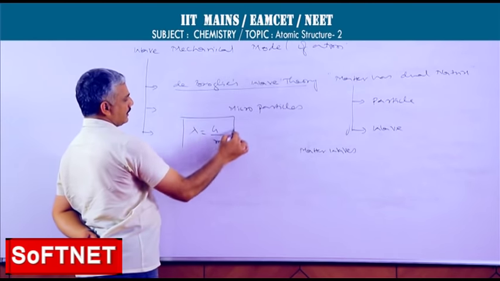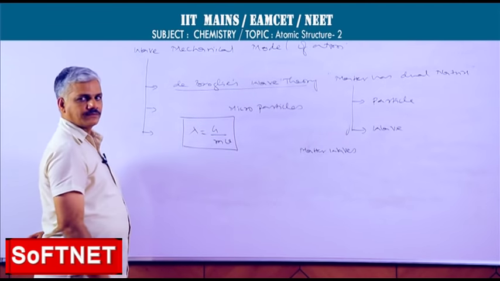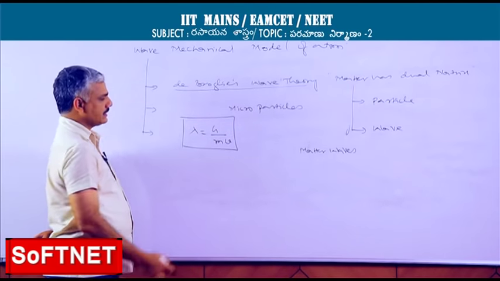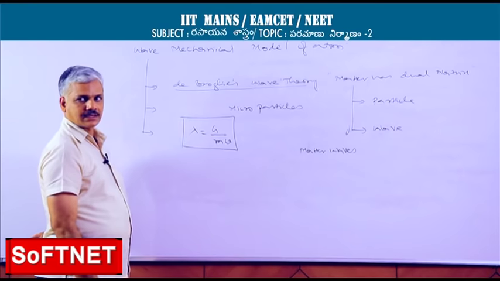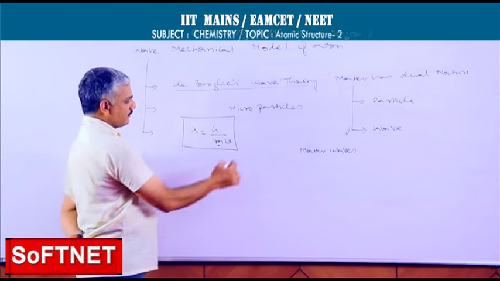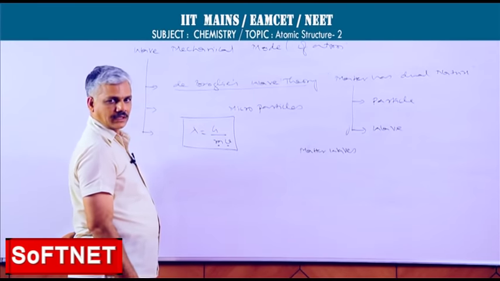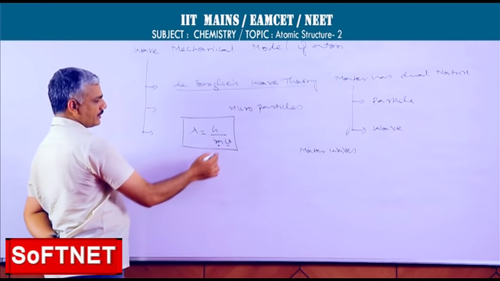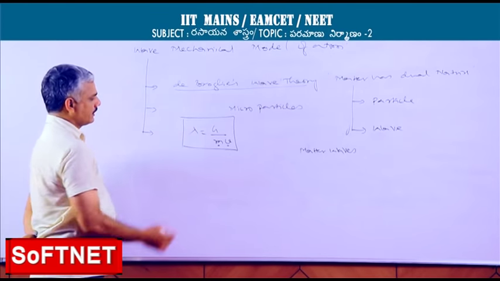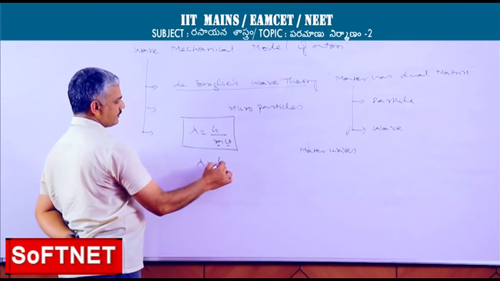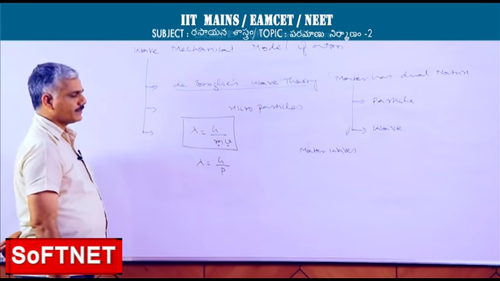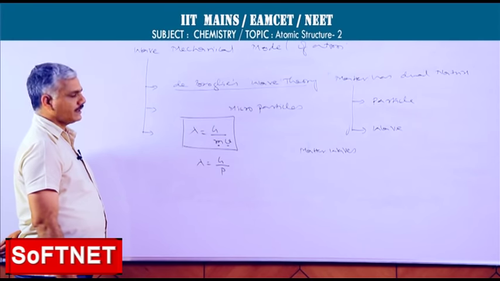Here, lambda stands for wavelength of the matter waves associated with the moving particles. h stands for Planck's constant. m stands for mass of the particle. v is the velocity of the particle. The product of mass and velocity can be taken as a momentum also. So this equation can also be represented as lambda is equal to h by p, where p stands for momentum of the particle.